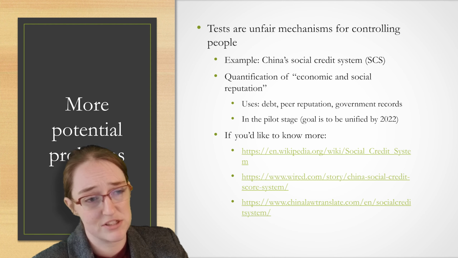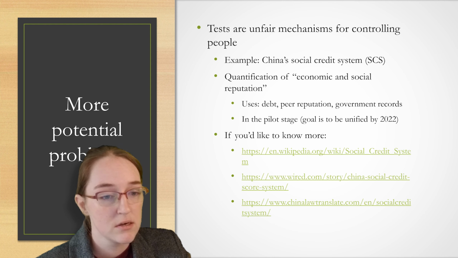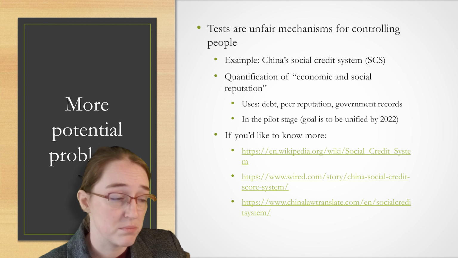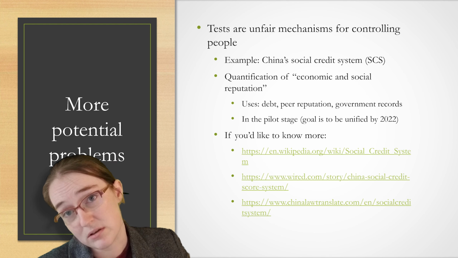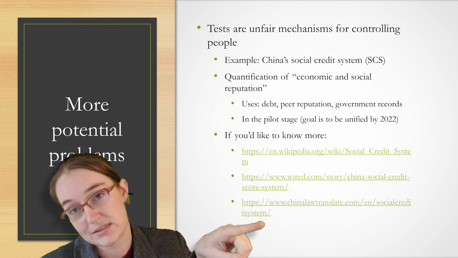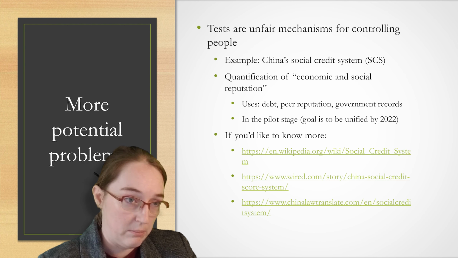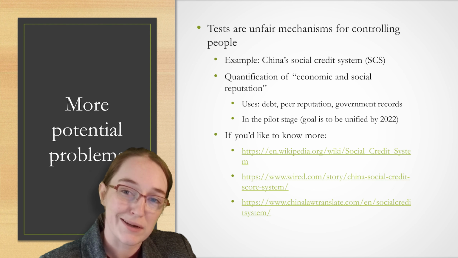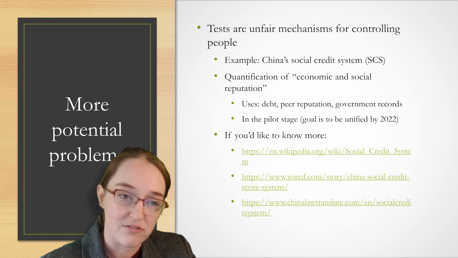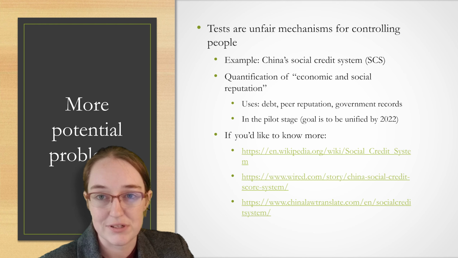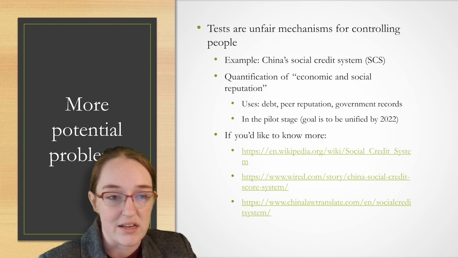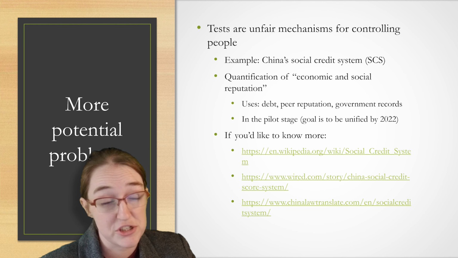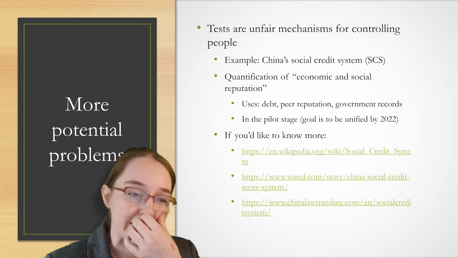What the Chinese government does, according to some of the translations I've read, and just talking with people who have talked to people who work with this, I don't have any direct connections, is a way to quantify economic and social reputation. It's literally like a credit score, but for how well you follow the government rules and are a good citizen. They use behavioral and life outcome type data like debts, peer reputation, government records. It's in the pilot stage.